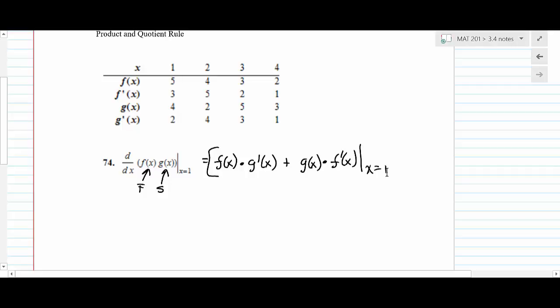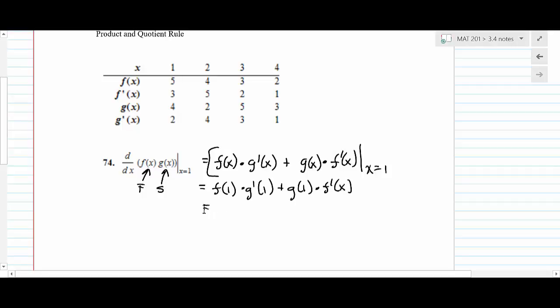It just means x is 1, right? You just plug in x equals 1. So what you really want to do is just write this as f of 1 times g prime of 1 plus g of 1 times f prime of 1. You could have skipped that step and gone there immediately if you want to. That's it.